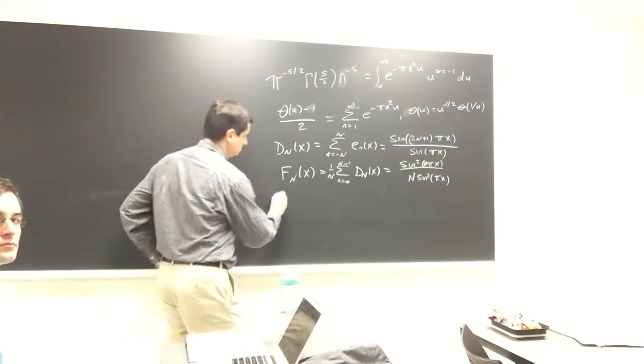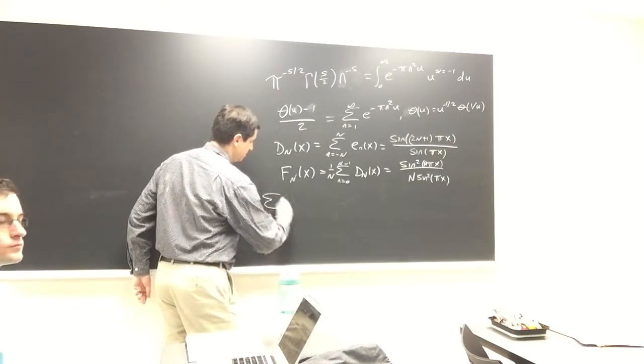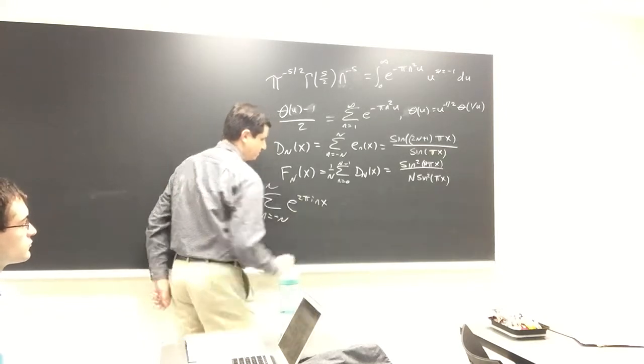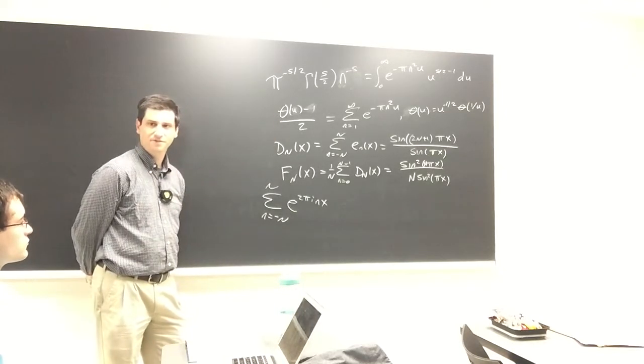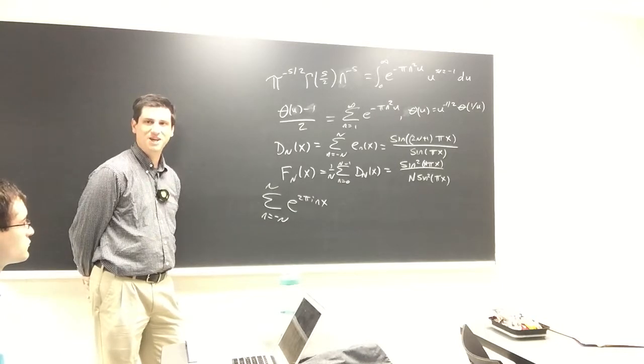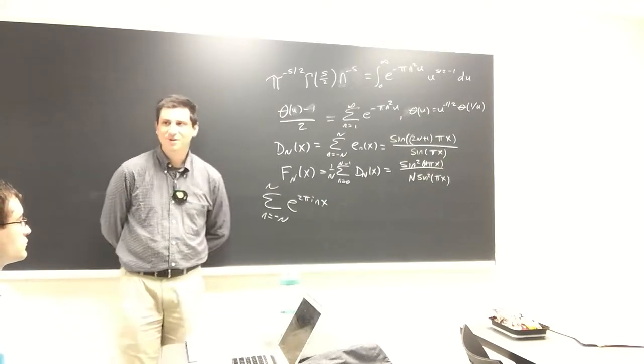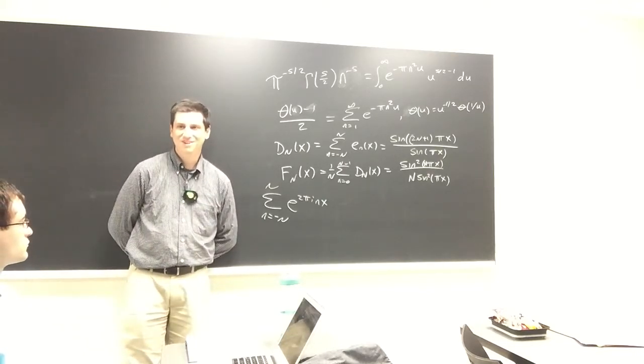So it's the sum, n goes from minus n to n, of e to the 2 pi I nx. This sum has a name. What kind of sum is this? There's not that many sums we know. What kind of sum do you think it might be?